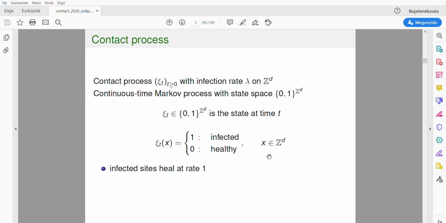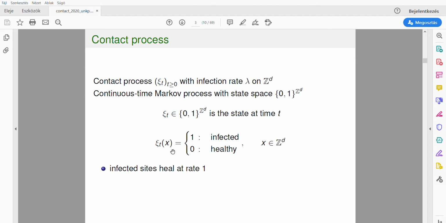If you're infected, then you heal at rate 1. Namely, what this means is that if x is a vertex in Z^d, you think about a person sitting at location x.